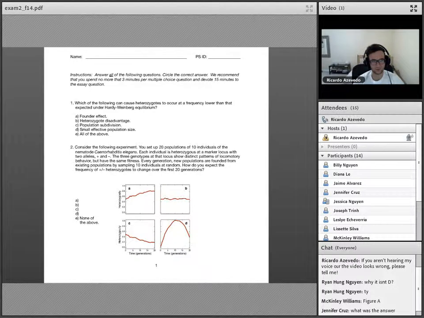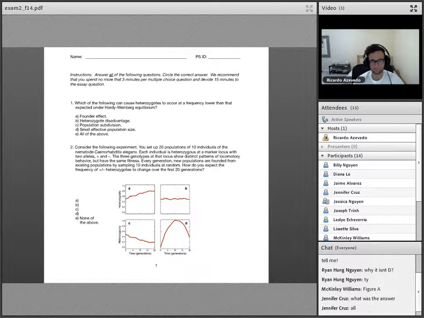So which one do you think? I know that population subdivision would result in that, right? That would be one. Heterozygote disadvantage would be another one, right? So all of the above, as Jennifer pointed out correctly.